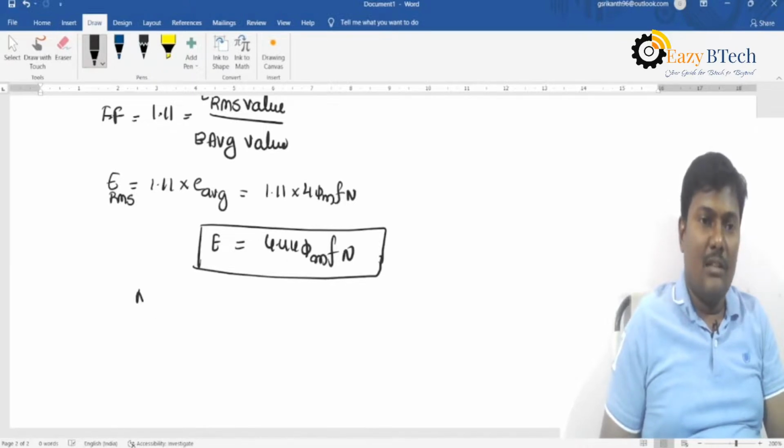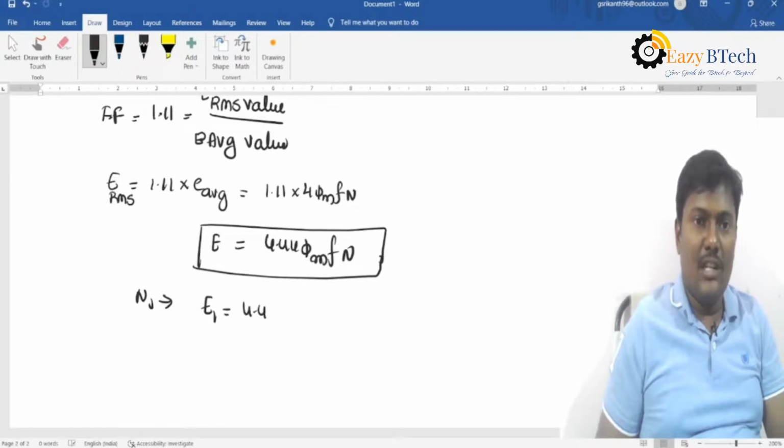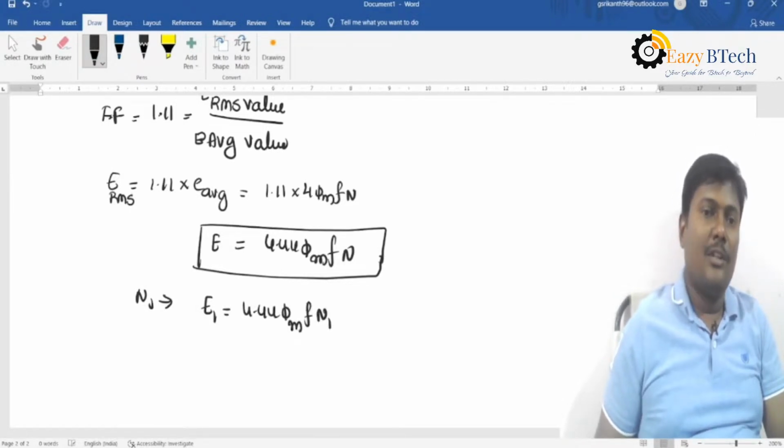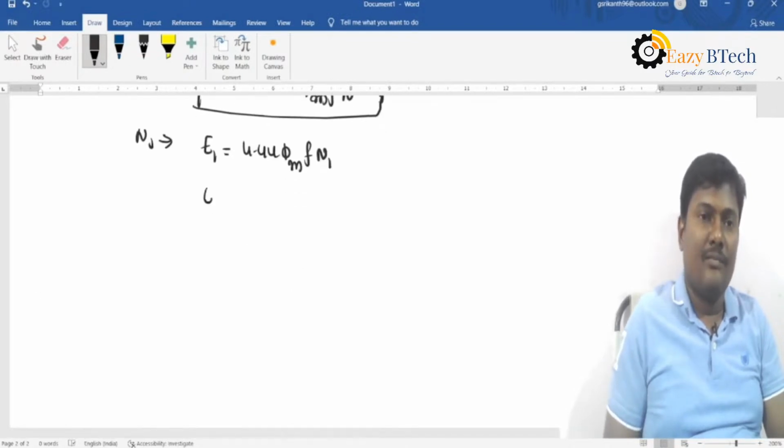If it is N1 number of turns, E1 is the primary induced EMF, 4.44 into phi m into f into N1. If it is N2 number of turns, E2 is equal to 4.44 into phi m into f into N2.